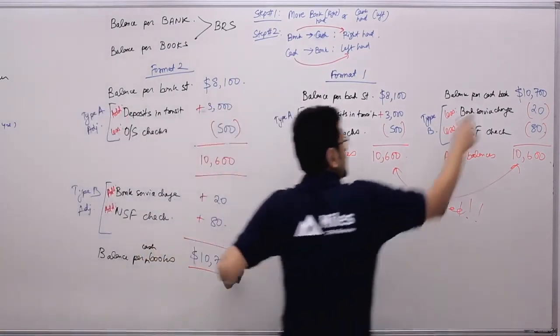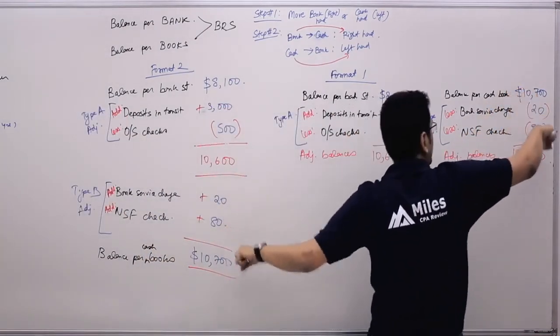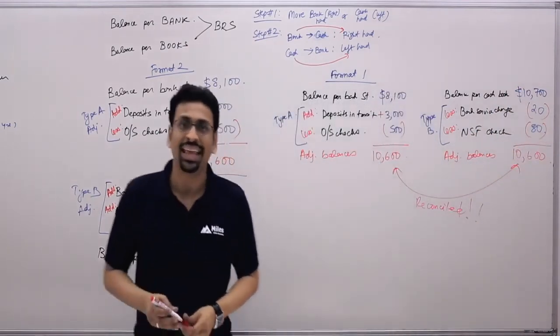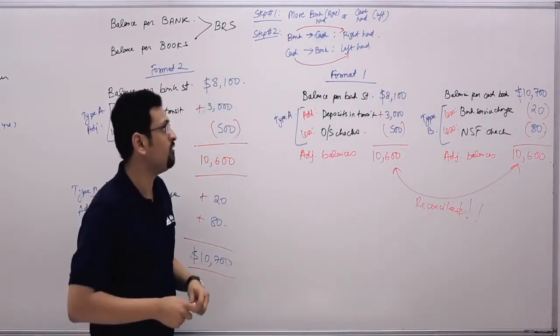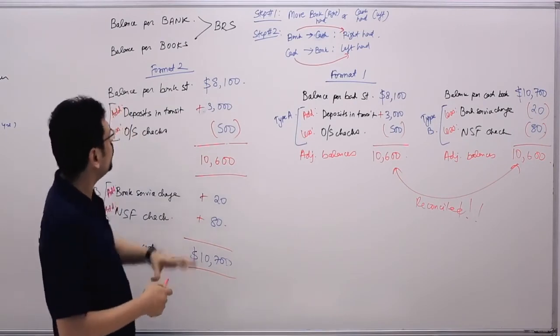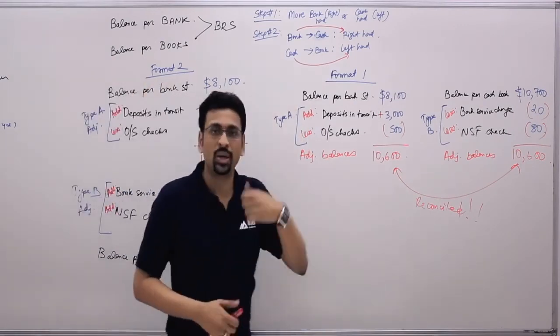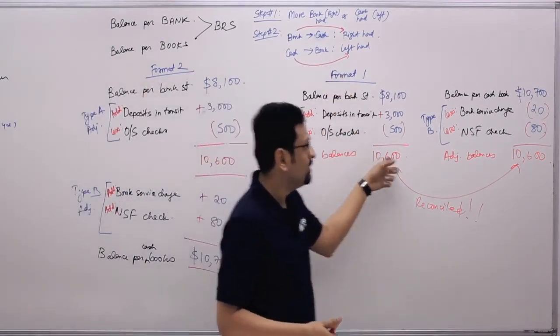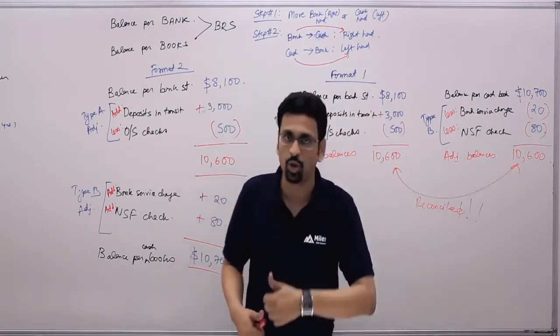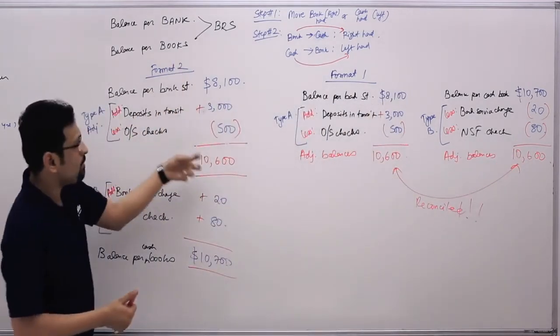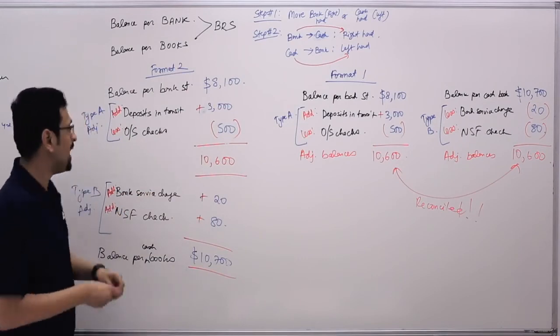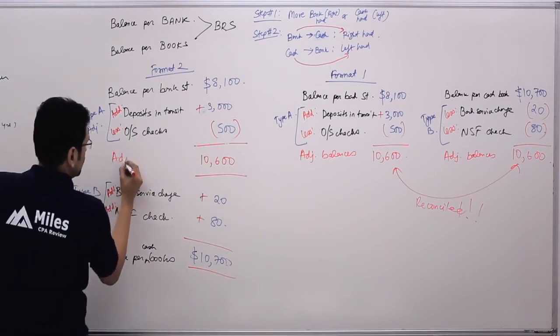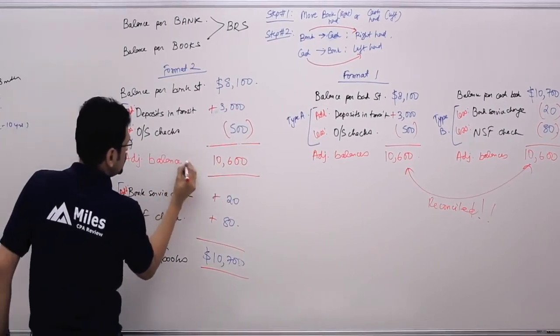That's what you've done, right? 10,700 minus 20 minus 80 gives us 10,600, the correct number that we want to have on our financial statements. So you could do it in format 2 or format 1, whichever is good to you. If you're doing in format 1, the last numbers that you have here, that goes into your balance sheet. If you're doing format 2, the number in between, that's the adjusted balance, which goes into your balance sheet.